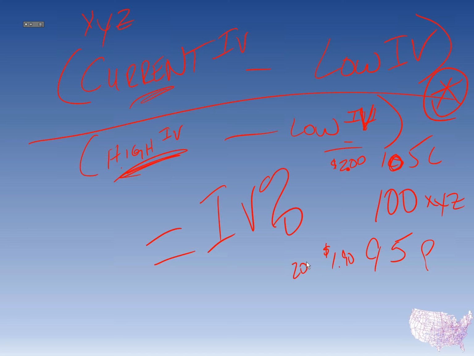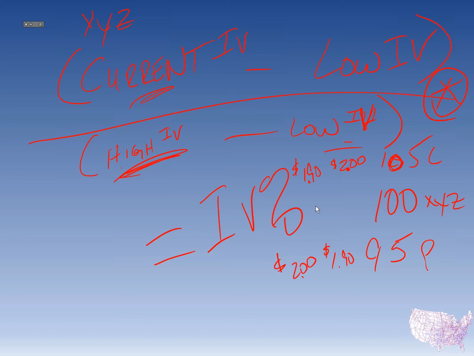If the puts were $2 and the calls were $1.90, that means there is skew to the put side, meaning people are more worried about the downside in XYZ than they are about the upside. Okay. So when we're talking about skew, that's what we're talking about.